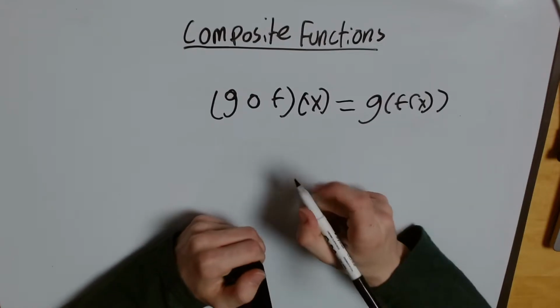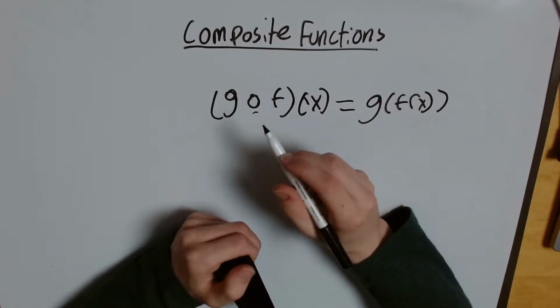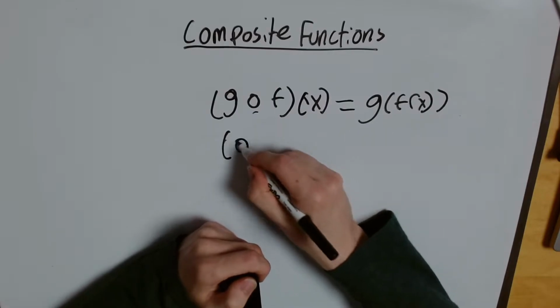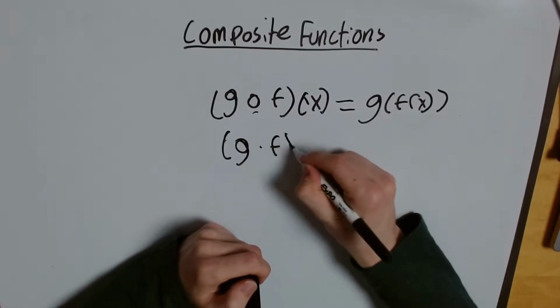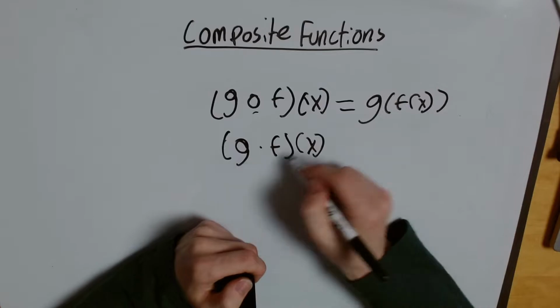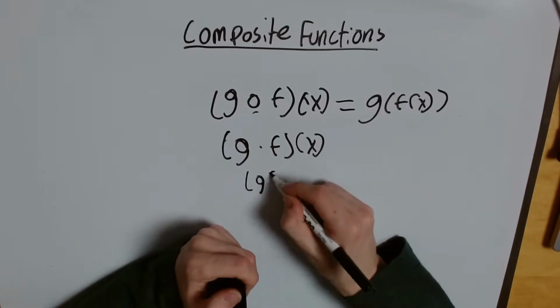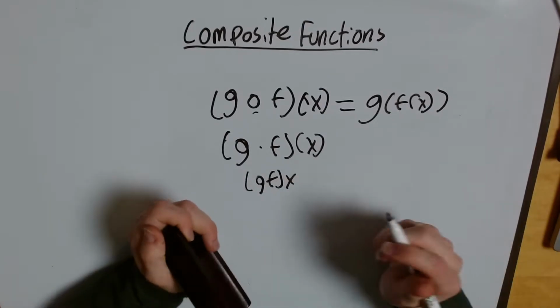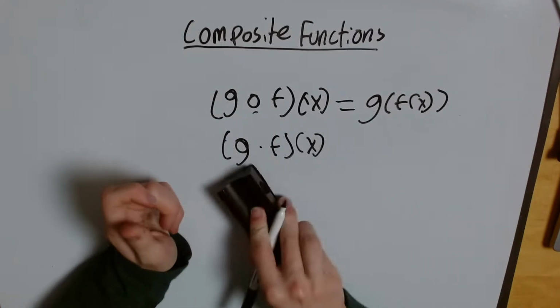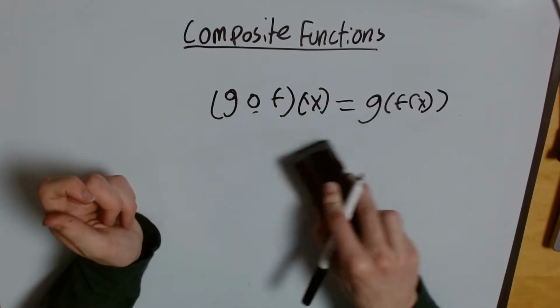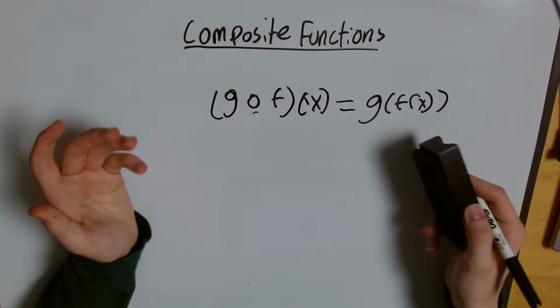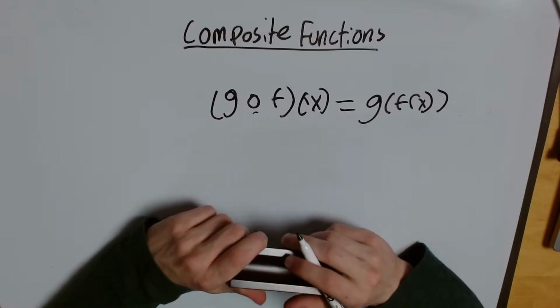It's important to note this is a small circle. It's not a filled-out dot, because that would mean multiply. That would be gf times x, which doesn't really make sense as a function. That's not what we're doing here. It's just a circle, which represents function composition.